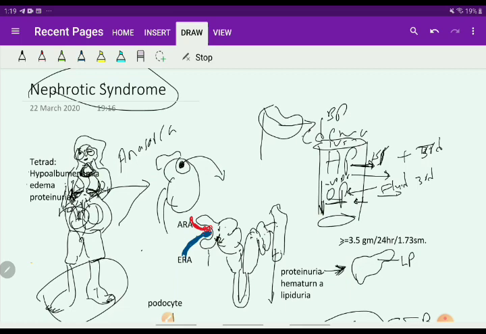And when the liver senses that the protein carrying the lipid is lost in the urine, so no more lipoprotein complex, the liver will start to secrete cholesterol, very low density lipoprotein and low density lipoprotein. So we'll get hyperlipidemia. And this hyperlipidemia may result in lipiduria. So here we are going to get accelerated atherosclerosis for this reason.